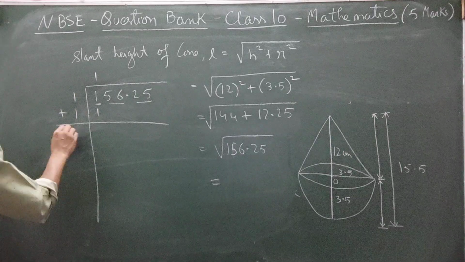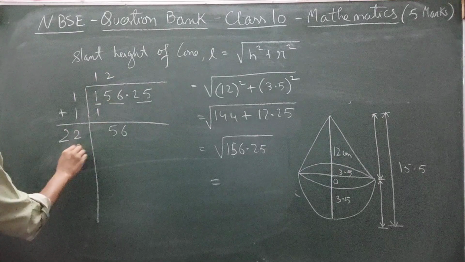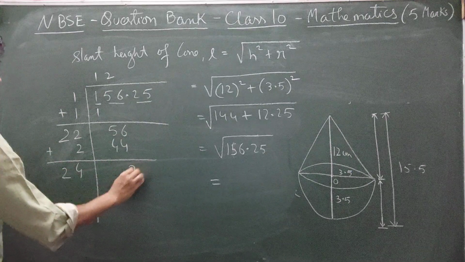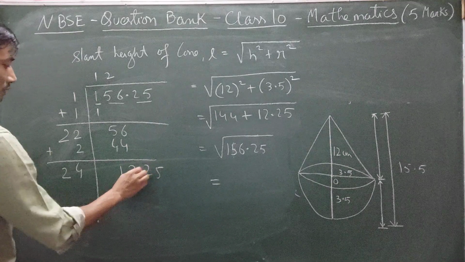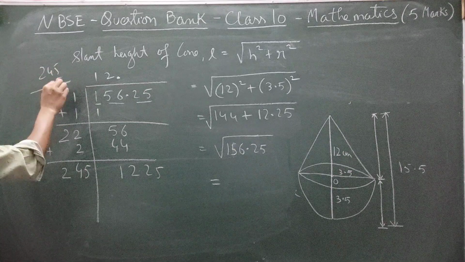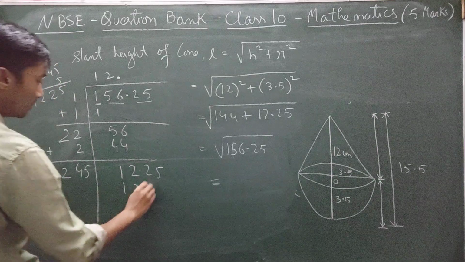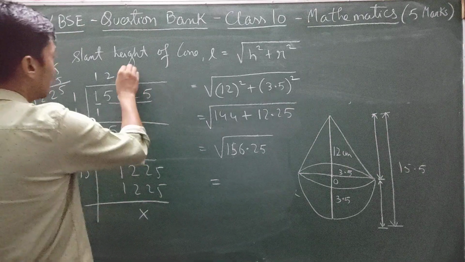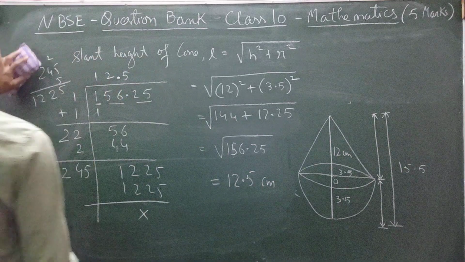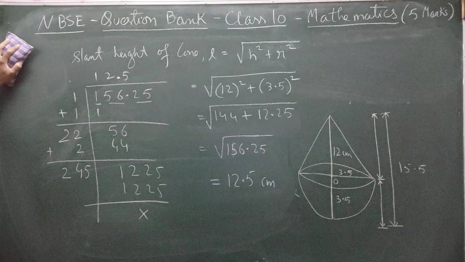Taking two digits as a pair: 1 times 1 is 1, then 22 times 2 is 44, and so on, and the decimal starts. Exactly, we get 12.5 centimeters. So that's the slant height of our cone. Alright, finished.